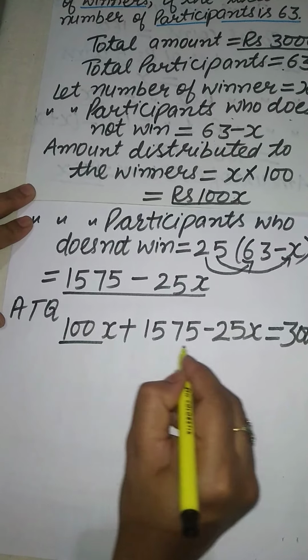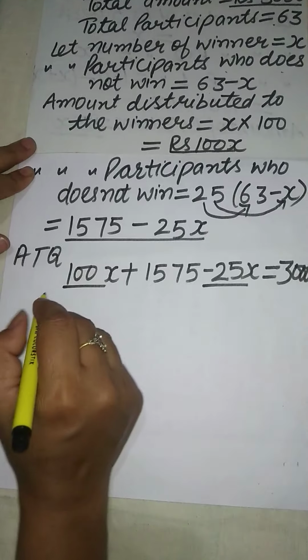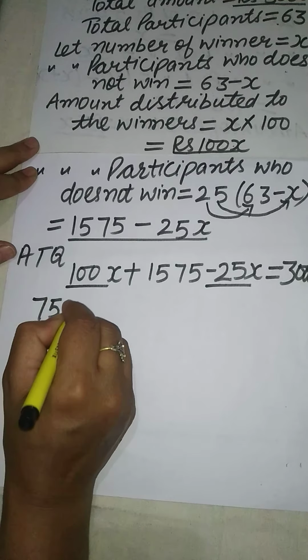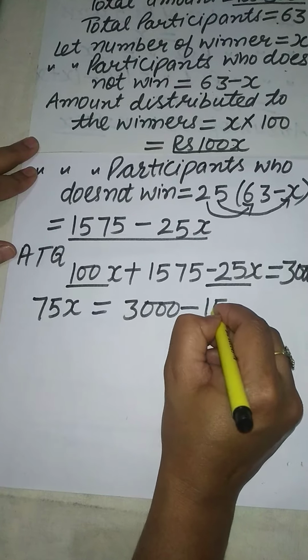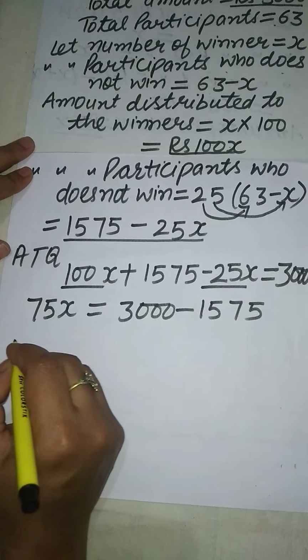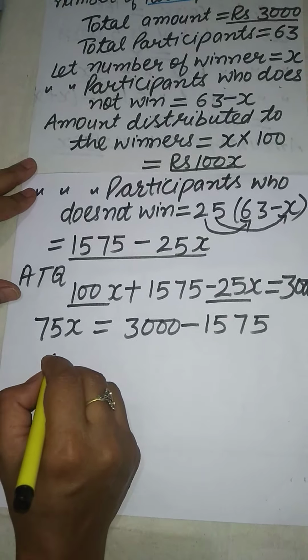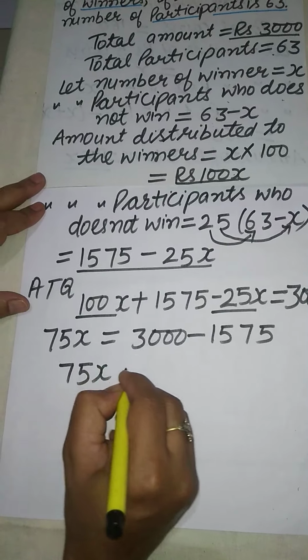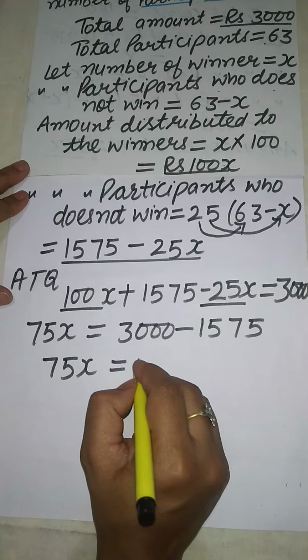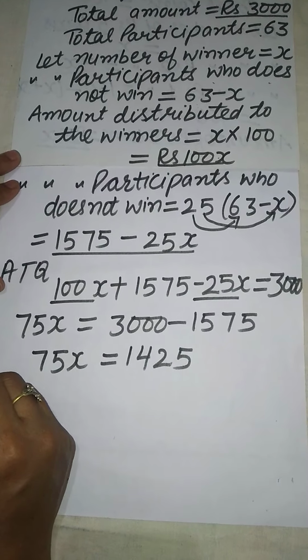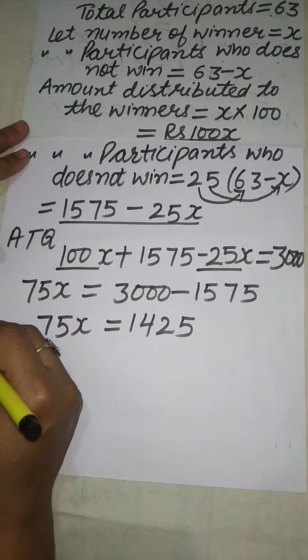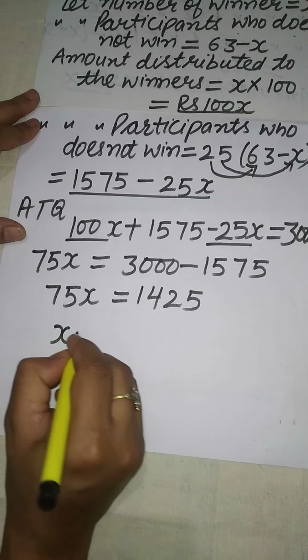So 100 minus 25 is 75x, equal to 3000 minus 1575. So 75x is equal to 1425.